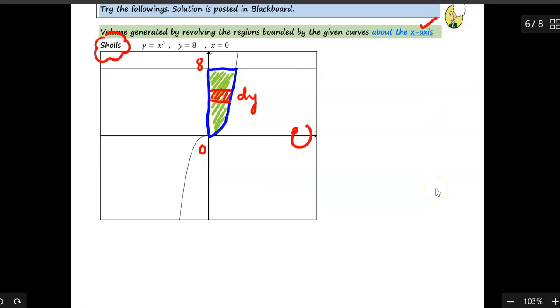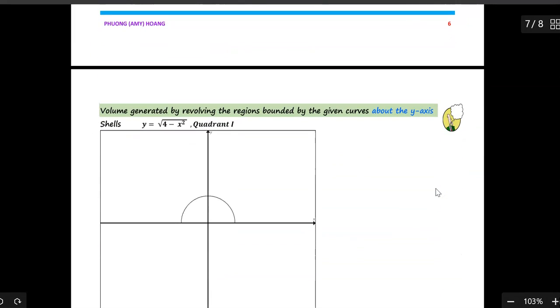Let's move on to the next one. This one is in fact half a sphere. So about the y-axis, we are working with this. It has to be parallel to the axis, so in this case I will have dx. The function I am working with, but we are only working with quadrant 1, so I better just give you that part, quadrant 1.